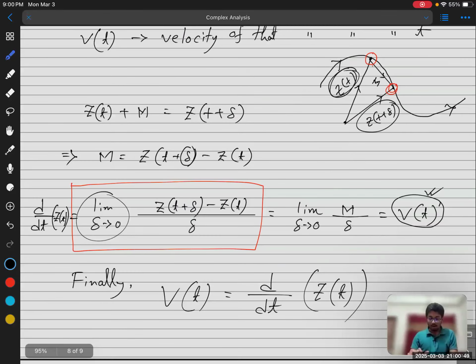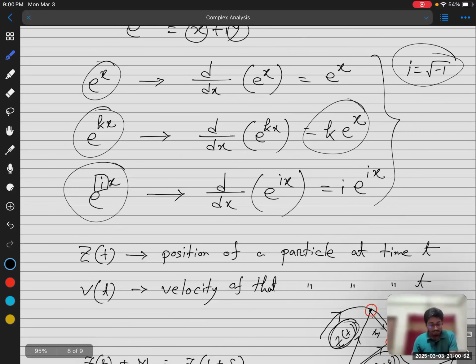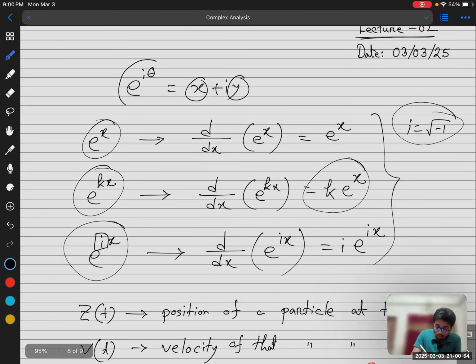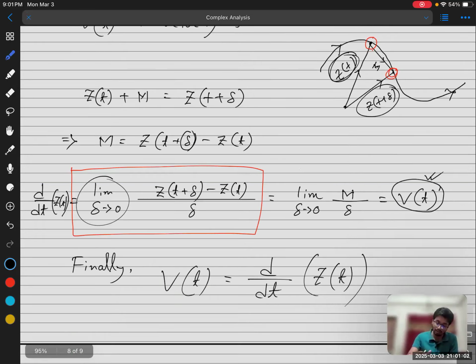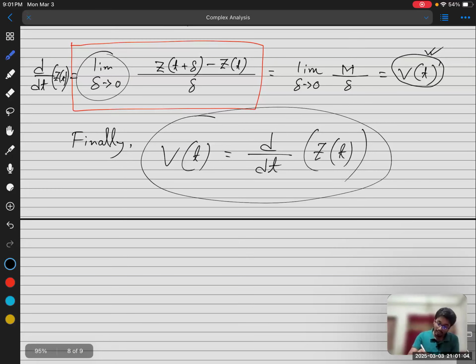Now, our main goal is to derive the Euler identity, which involves some function like e to the power i theta. So eventually here we will try to consider something similar to e to the power i theta.